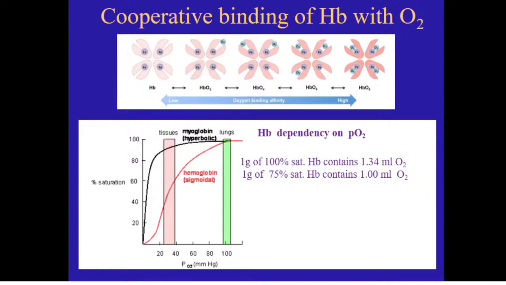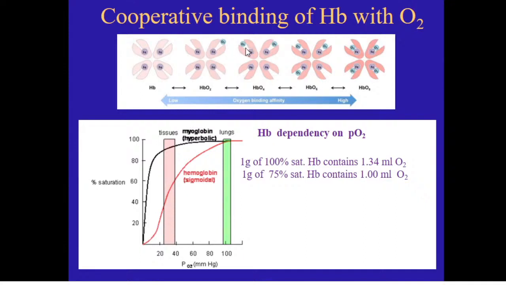And now, due to its structure, hemoglobin shows cooperative binding with oxygen. After interaction of one molecule of oxygen with one subunit of hemoglobin, the affinity of the next subunit is significantly increased.